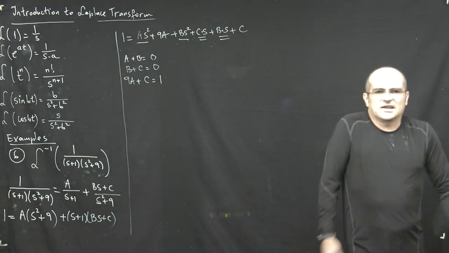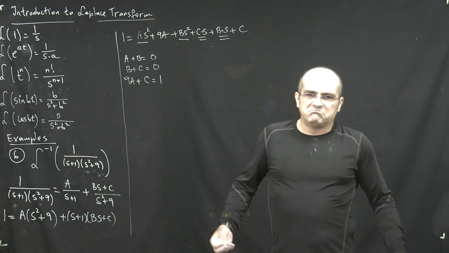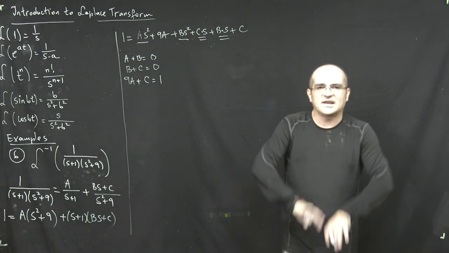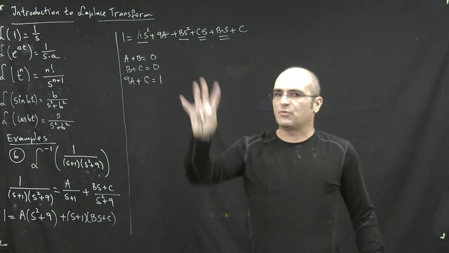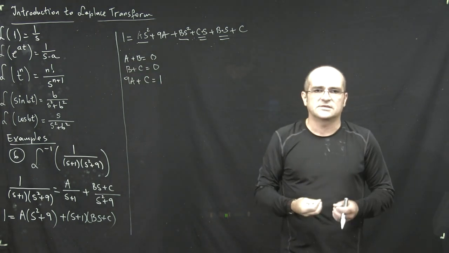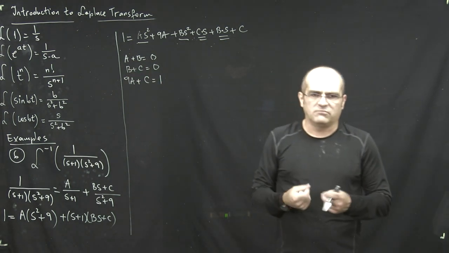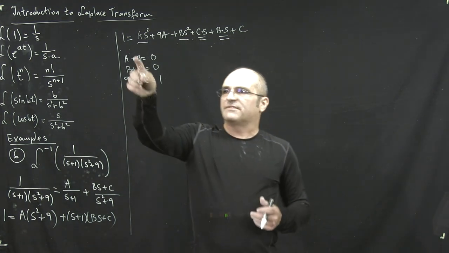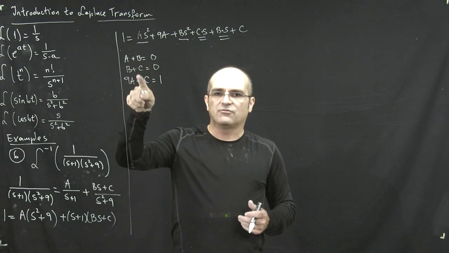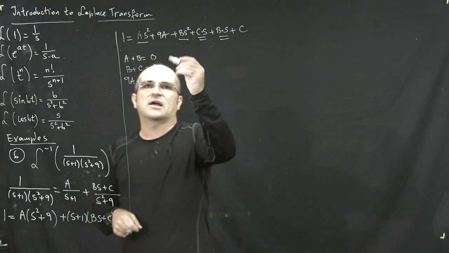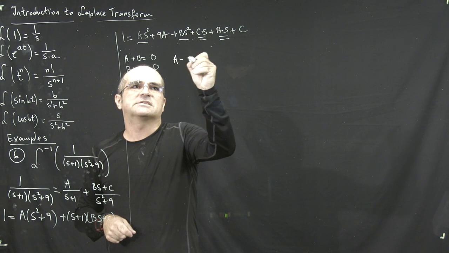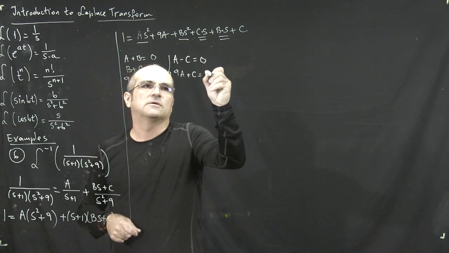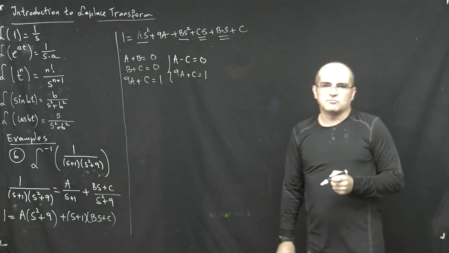So this can get actually as complicated as a system that needs to be solved by Gauss elimination, right? Again, I'm going to avoid those situations when you end up with larger systems that require matrix row reduction and other linear algebra techniques. In this case, you could exploit the fact that you can eliminate quickly b from the first 2 equations. So if I subtract the 2, I get a minus c equals 0, and I can combine it with the third equation, and then I have a 2 by 2 system.